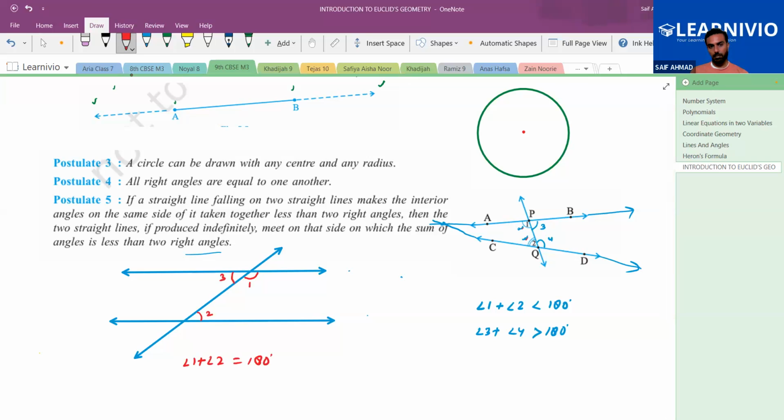So if the sum of the two angles is 180, the lines can never meet. If the sum is less than 180 degree, the lines meet at only one point. Understood or not? Yes, sir.